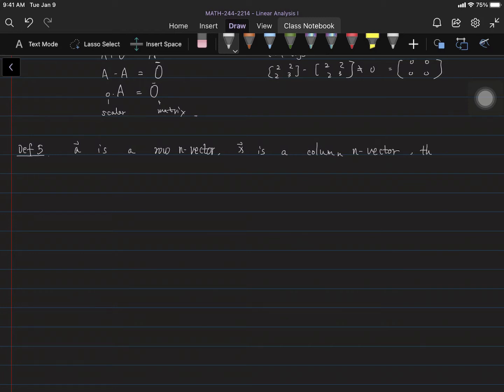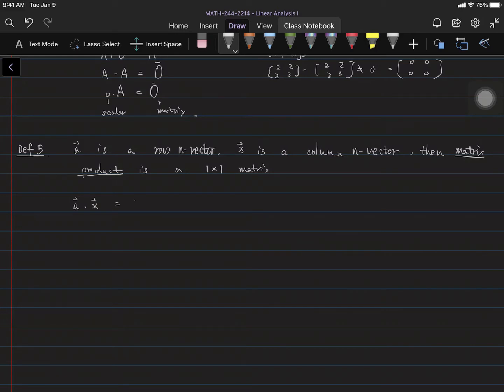Then the matrix product is a 1 by 1 matrix. It is just a number. Okay, 1 by 1 is just a number. The matrix product is this one. So let's take a look. A times X.